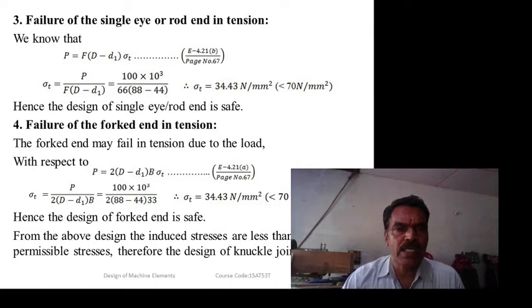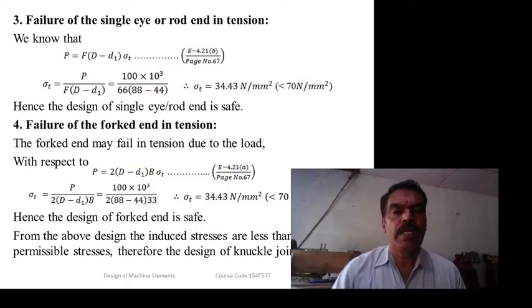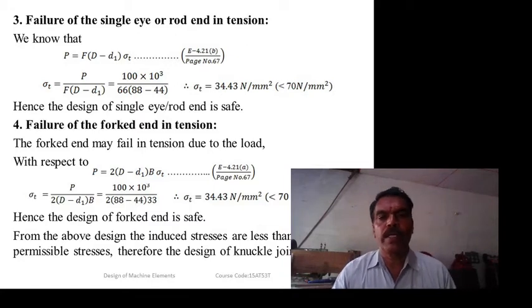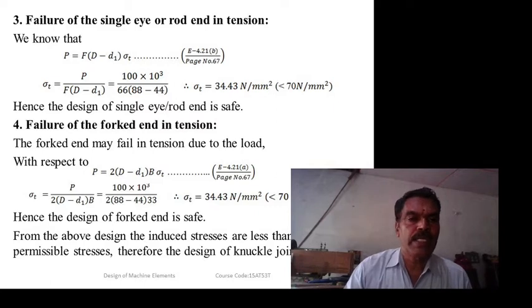Here we should calculate sigma t, so sigma t is taken outside and the remaining values substituted. Finally sigma t is equal to 34.43 Newton per mm square, which is less than the given permissible value, hence the design is safe.